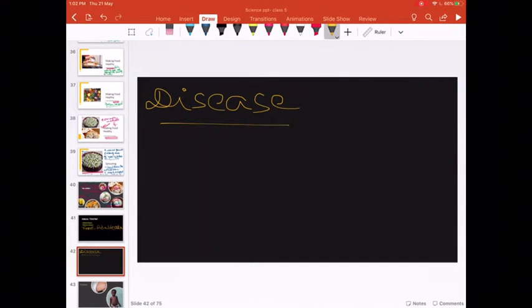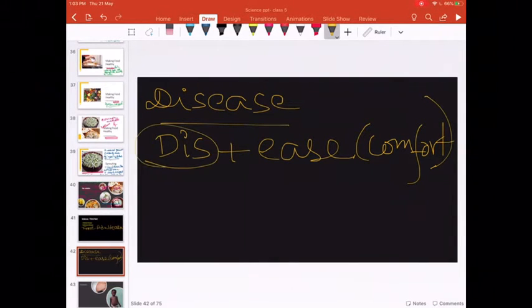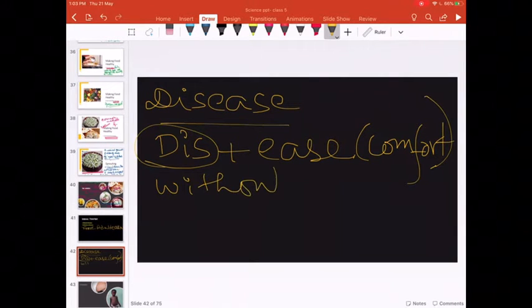You see, the word disease comes from two words, dis plus ease. Ease means comfort. Now, dis means un or without.